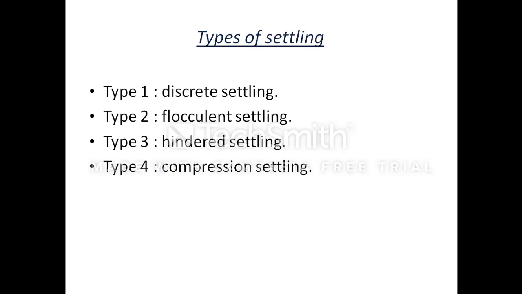Now, the types of settling. The settling down of particles in water has four types. Type 1 discrete settling, type 2 flocculent settling, type 3 hindered settling, and type 4 compression settling. Now, starting with the type 1 settling, that is discrete settling.